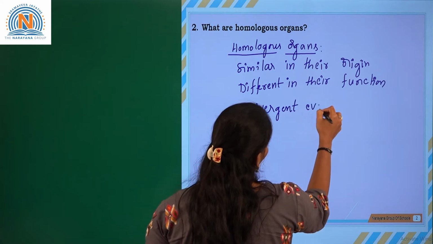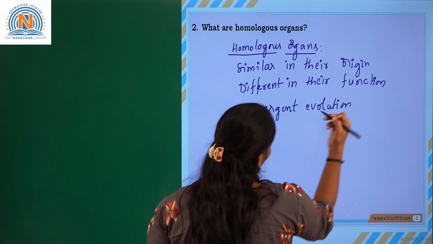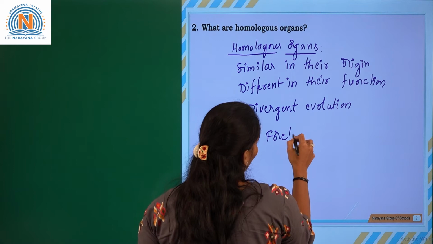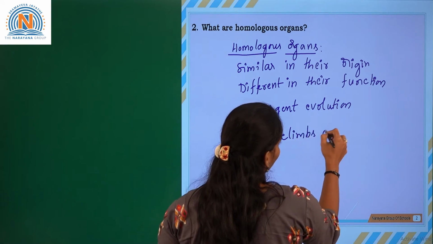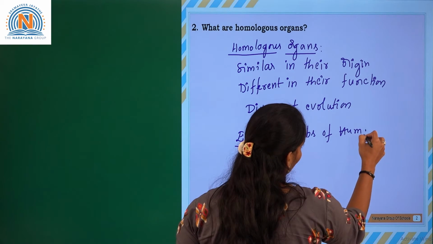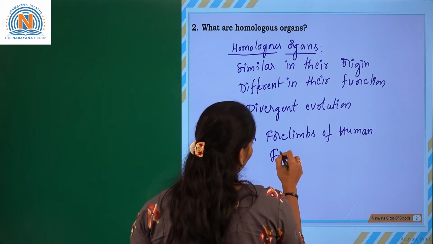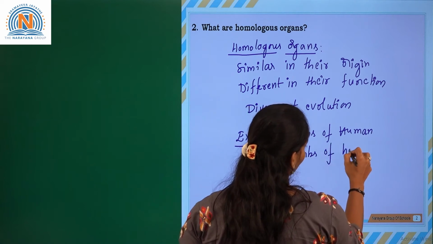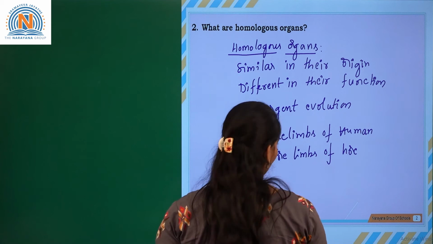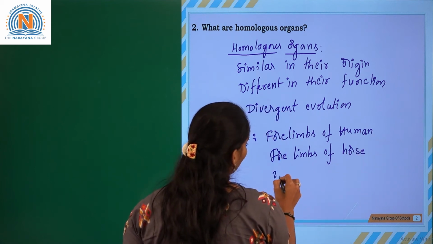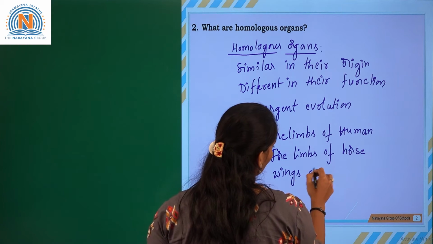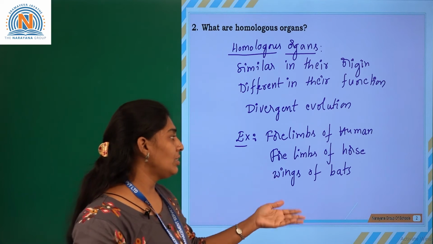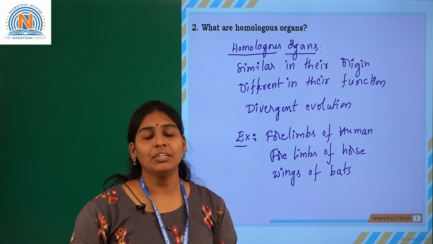Divergent evolution. For example, forelimbs of human, forelimbs of horse, wings of bats, etc. The structure is similar, but the function is different.